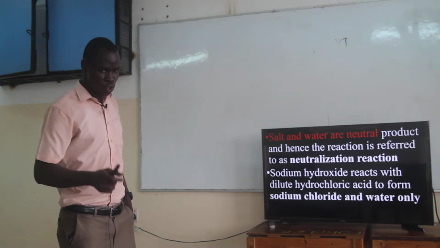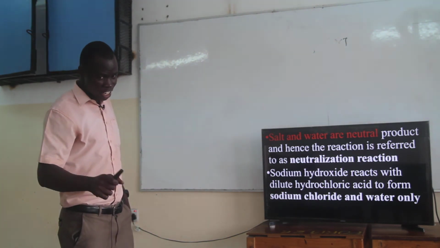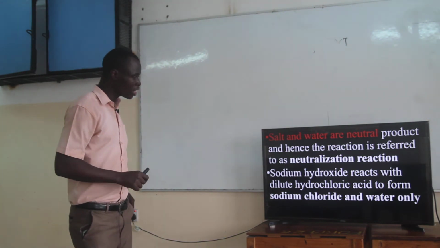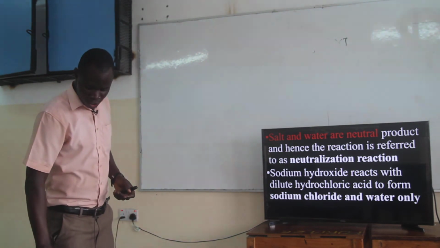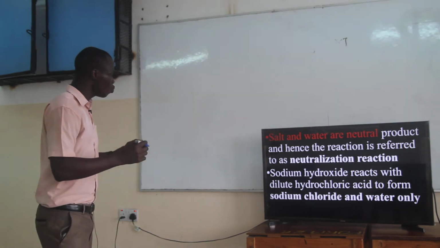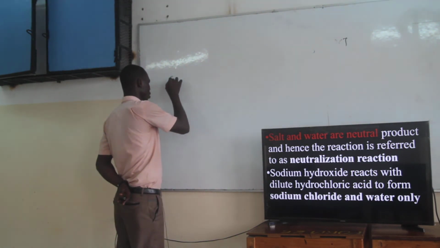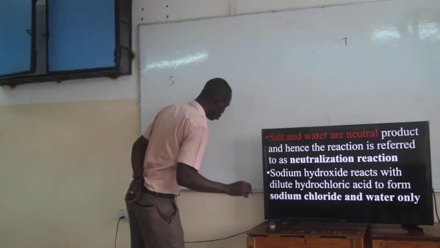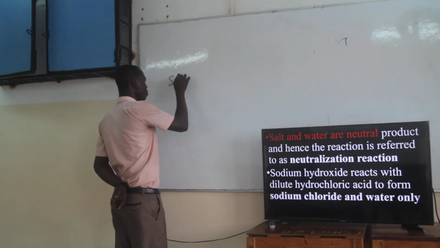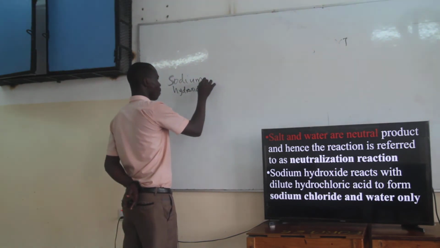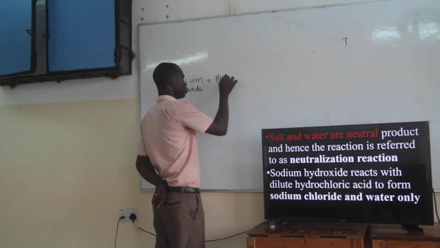Neutralization reaction. So sodium hydroxide reacts with dilute hydrochloric acid to form salt, and as you can see, sodium hydroxide plus hydrochloric acid.